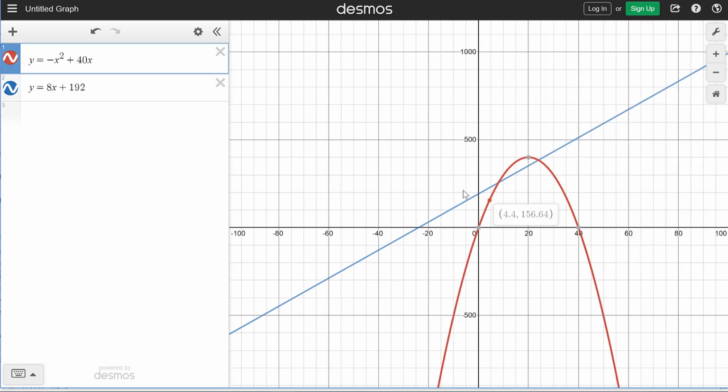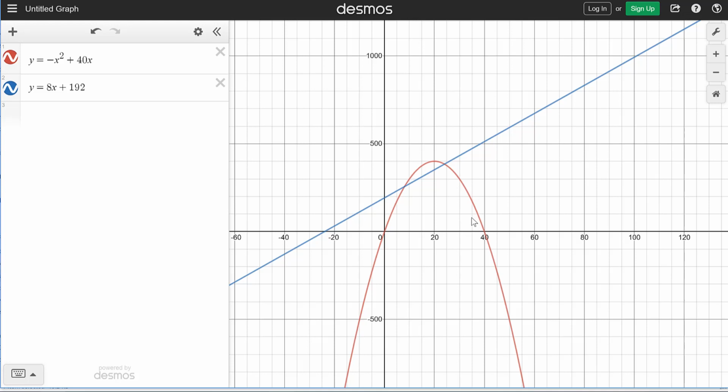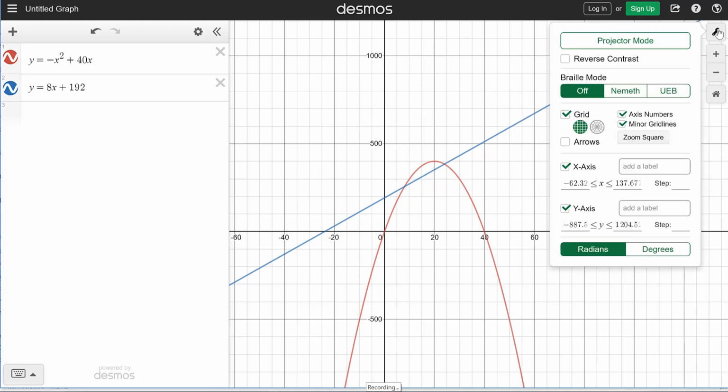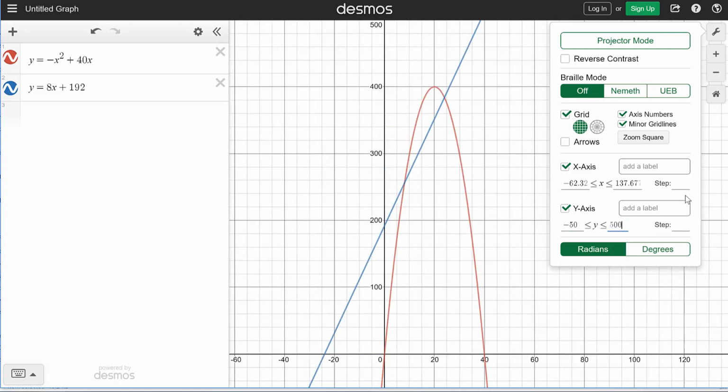For my y-axis, let's make it a little bit higher, something like negative 50 to 500. And so I can see that much better now.